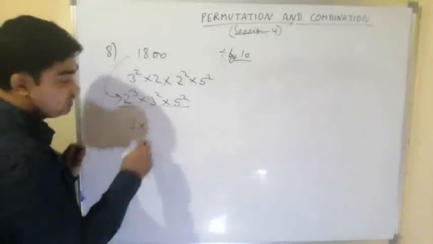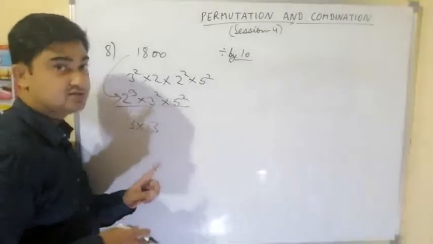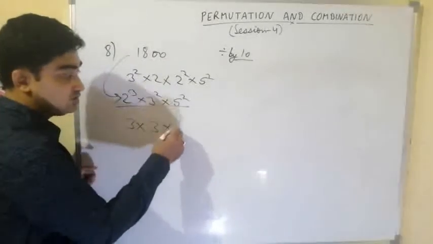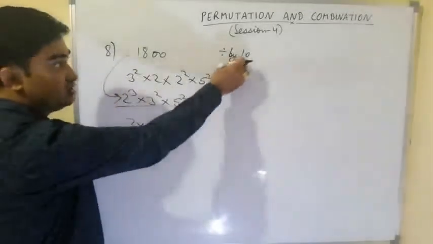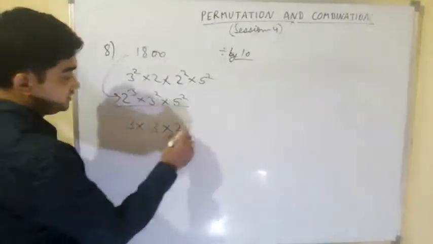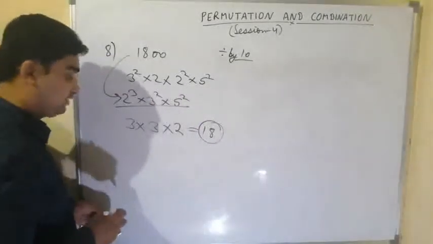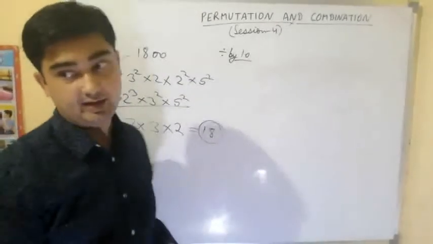With 3 we have 3 choices: don't select 3, take one 3, or take both 3s. With 5 we have 2 choices, take one 5 or take two 5s. Leaving 5 is not an option because we have to select at least one 5. So total choices available are 9 into 2, 18. So there are 18 factors of 1800 which are also divisible by 10.